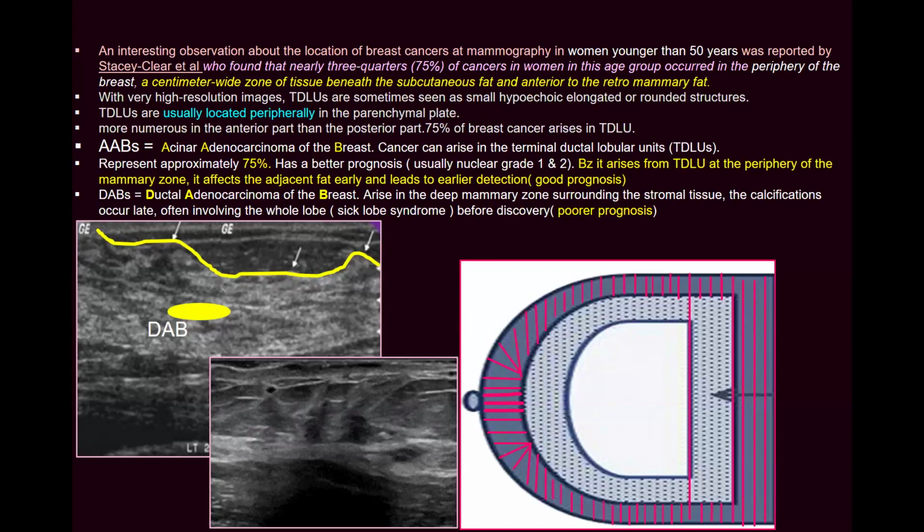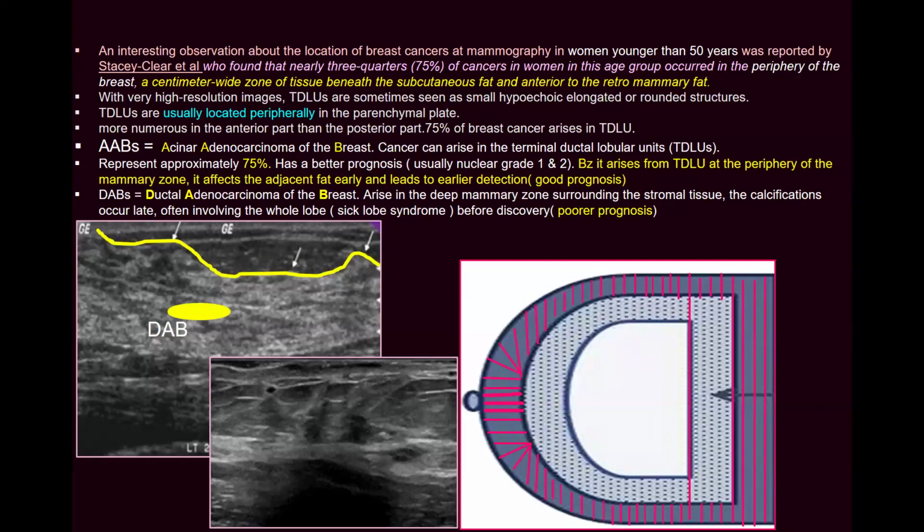While the ductal carcinoma arises from the duct, either the major duct there in the retroareolar region, or here, usually seen within the fibroglandular or mammary zone, and surrounded with a lot of fibroglandular tissue and a lot of stroma.